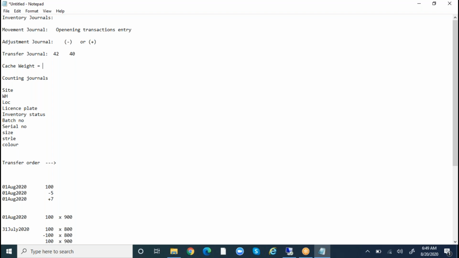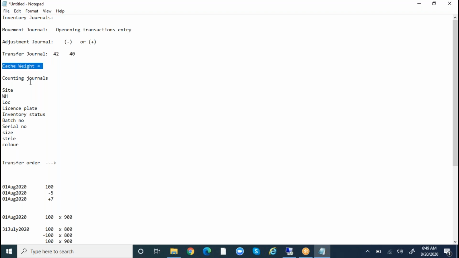Another scenario: if the manufacturing is in January, moisture is more, so the weight is more. And if it is in March or April, it will dry a little bit, so the weight may be lost. Then it will be as in your example, 250 grams to 245 grams. Then it is a catch weight.